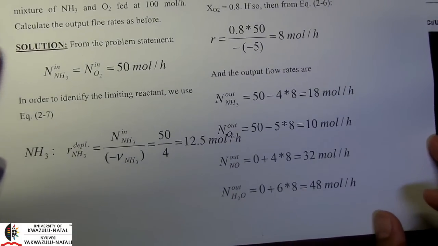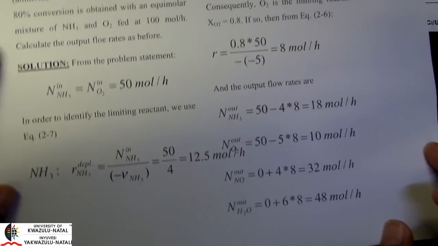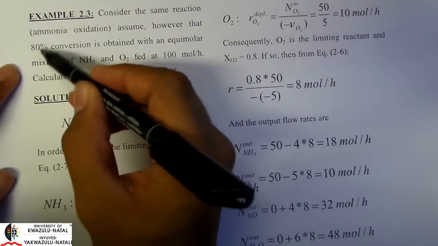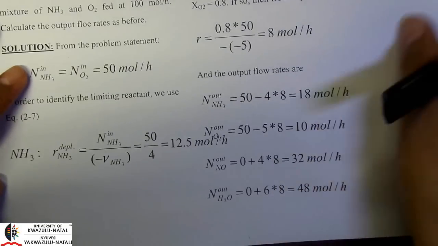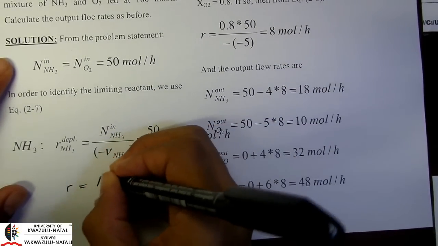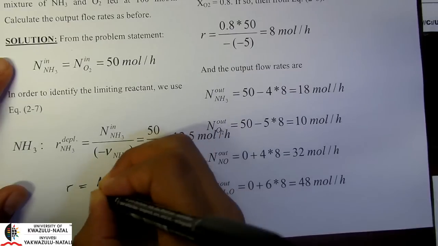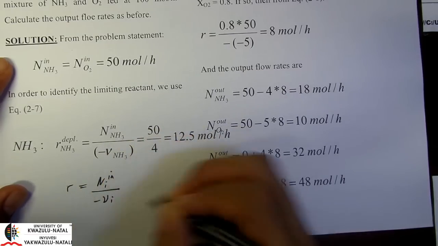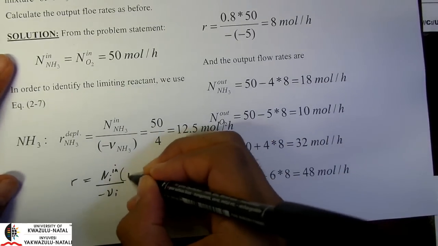So to calculate our limiting reactant, even though they have given us a conversion of 80%, we use the same equation that I've shown you before, Ni in over negative Vi, and we're assuming a conversion of 1.